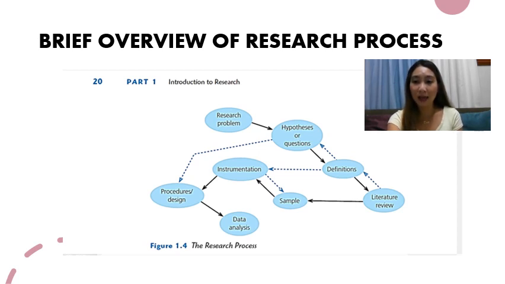They also indicate a useful sequence for planning a study, from having the research problem up to data analysis. The broken line arrows indicate the most likely departures from this sequence. For instance, consideration of instrumentation sometimes results in changes in the sample. Clarifying the question may suggest which type of design is most appropriate.